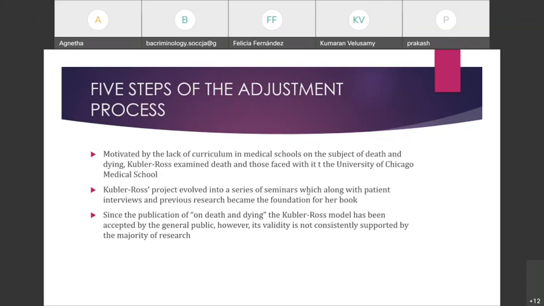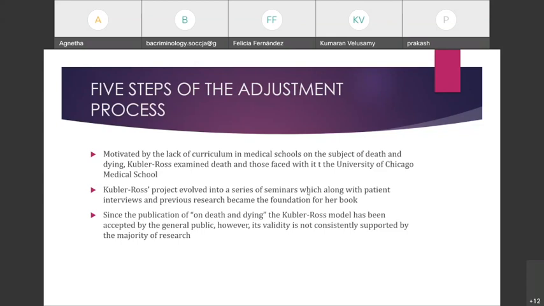But in the curriculum, there was very little information regarding the death of a person and how a person dies. Okay, so this Kubler Ross, she examined death and those faced with it when she was at the University of Chicago Medical School. So she started to study death and people who were faced with death during this particular phase in time.